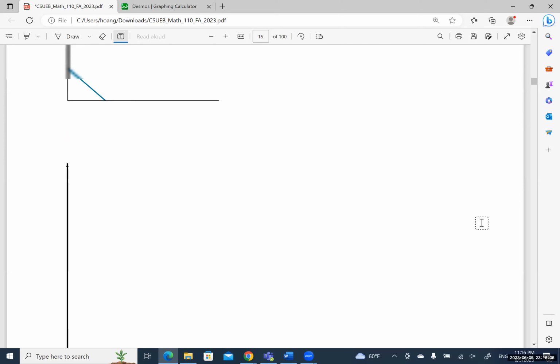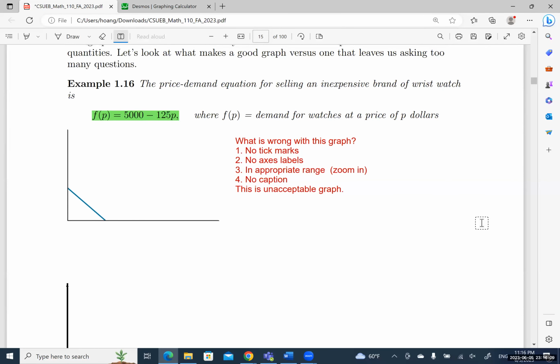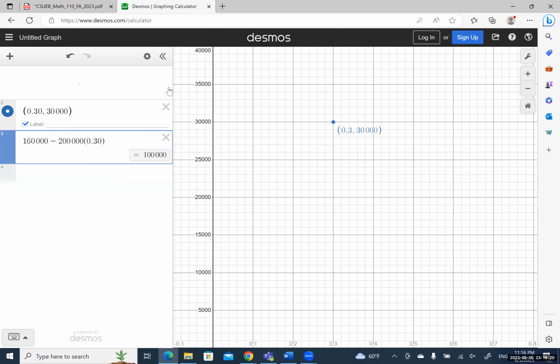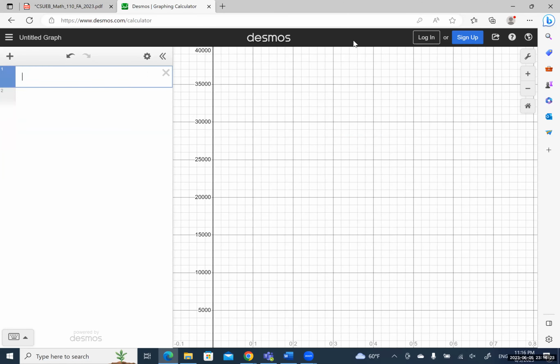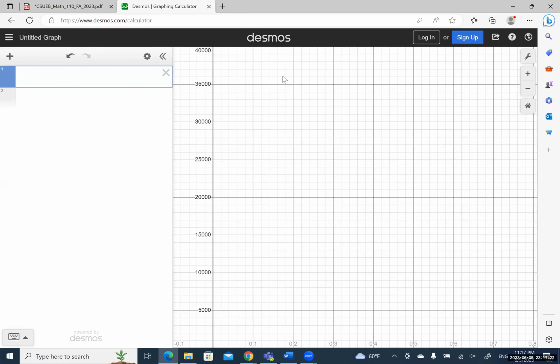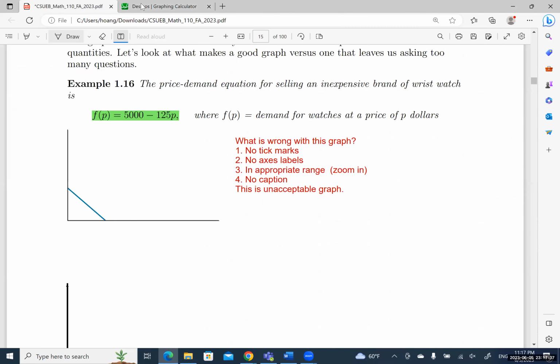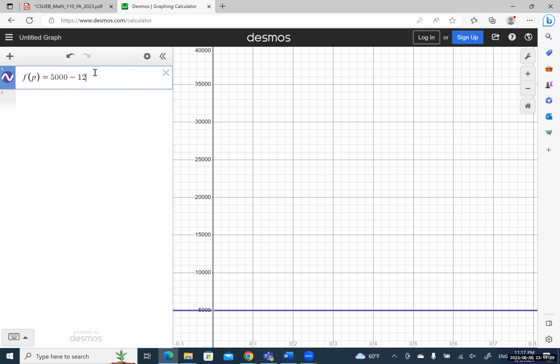I would make this in decimals. So the function is f of p equal to 5,000 minus 125p.